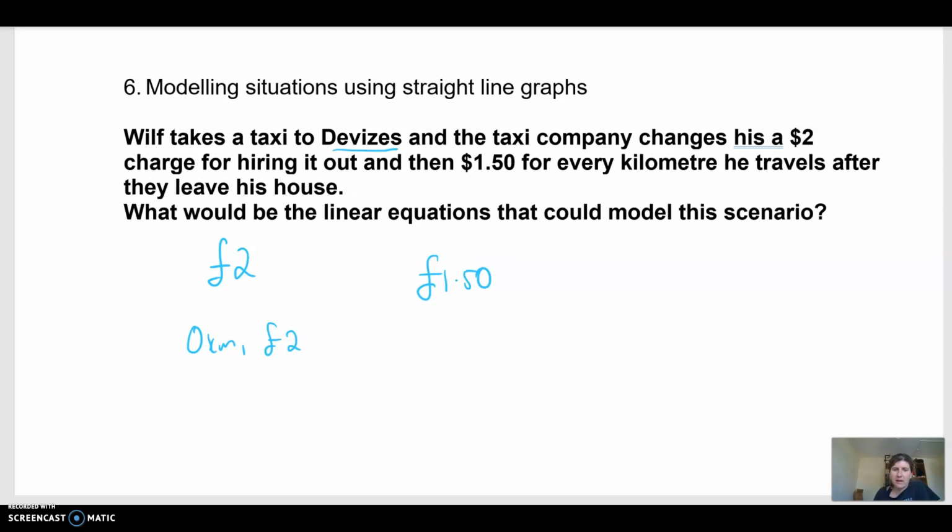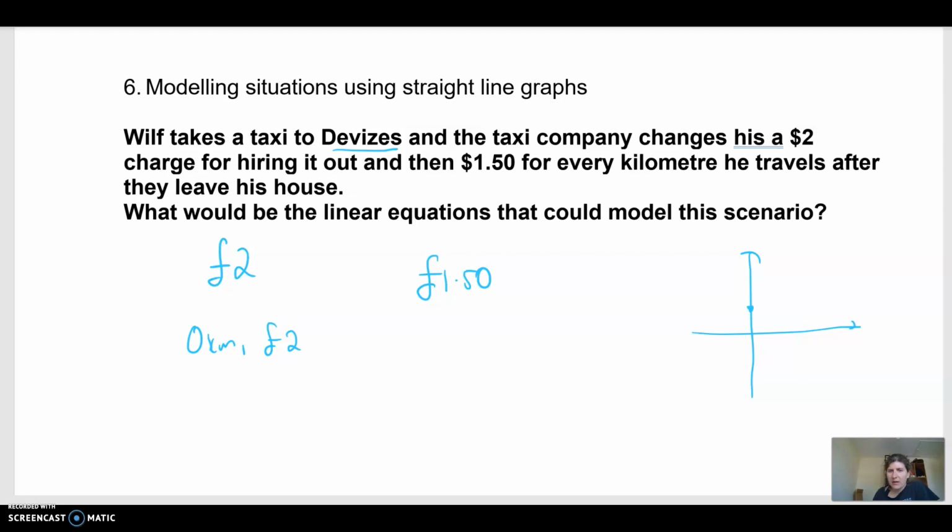So that would be his y-intercept, because he hasn't gone anywhere, and that's what his cost is. If you imagine what the graph of this looks like, at x is 0, or at his distance is 0, he's starting at 2.